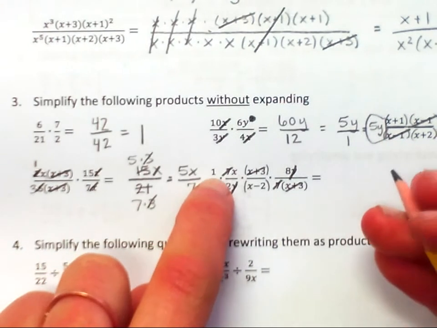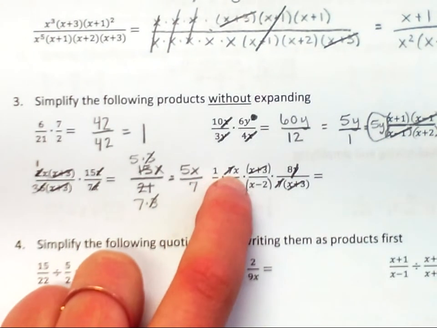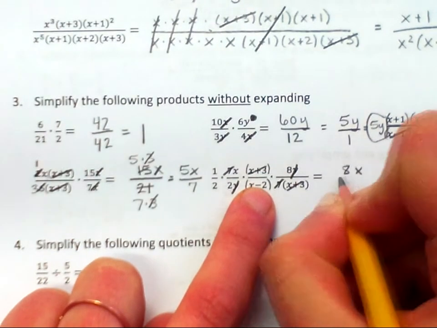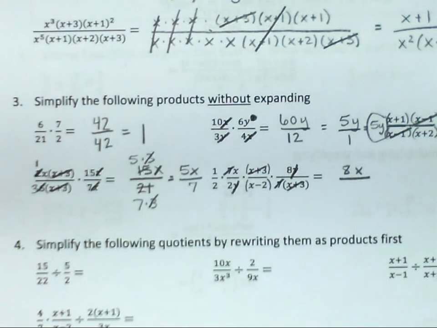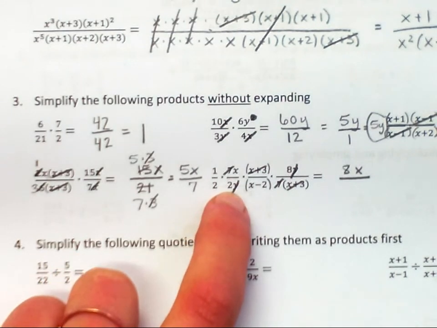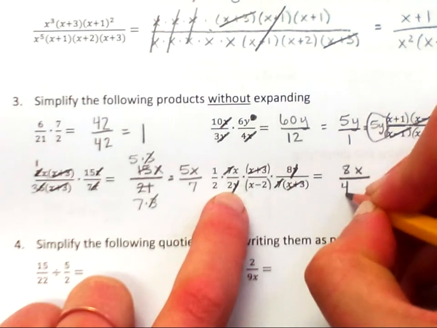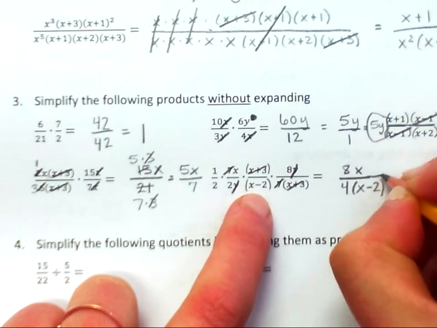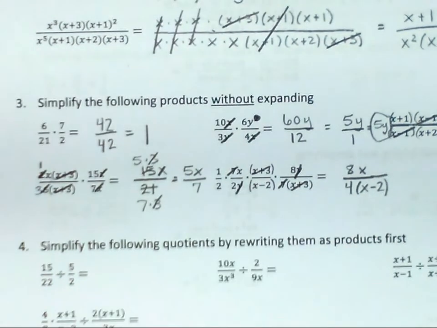So I have a 1, which doesn't change anything, times an x, times an 8. So I have an 8 and an x in the top for 8x. In the bottom, a 2, another 2, which is 4, and an x minus 2 in parentheses.